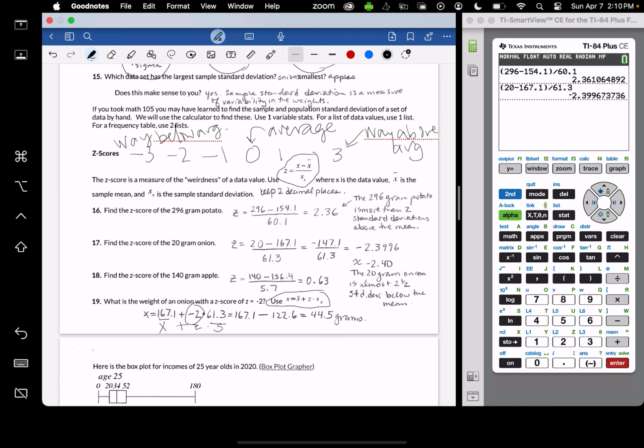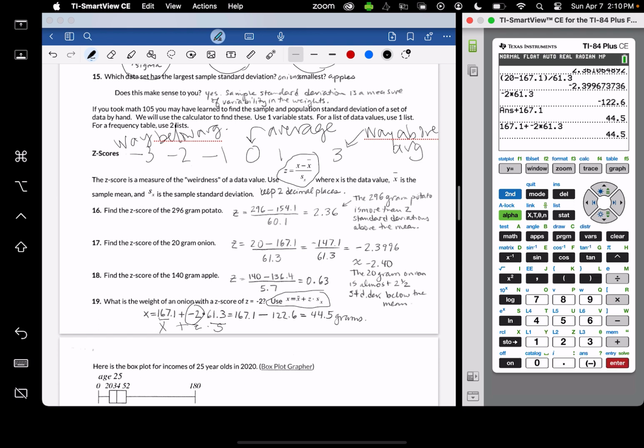So we multiply negative 2 times 61.3, and then we add 167.1, or you can do it in the order that I wrote the formula, 167.1 plus negative 2 times 61.3. Okay, so that would be an onion that weighs 44.5 grams.